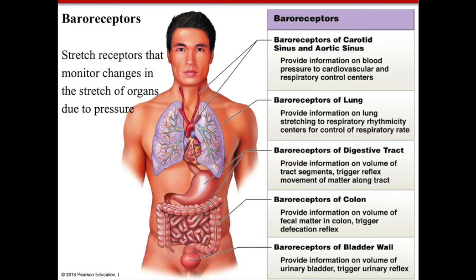We will speak at some point about chemoreceptors, but some of that information is also baroreceptors. There are baroreceptors in many organs that can distend, they can stretch, such as the lungs, the digestive tract, and the urinary bladder.